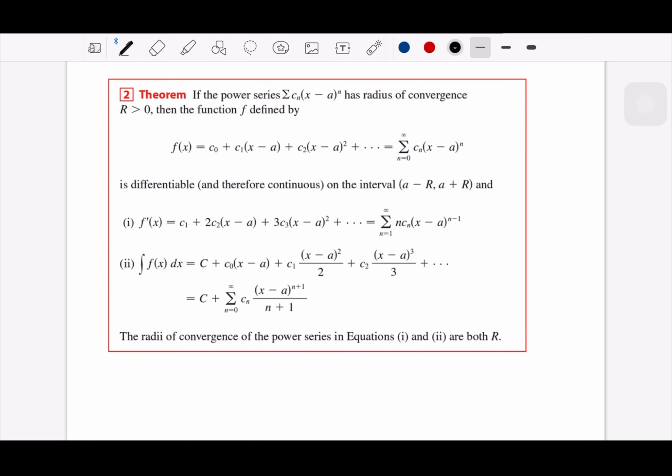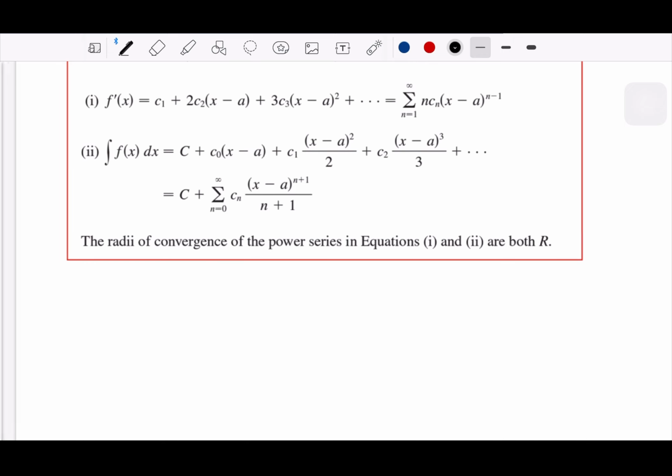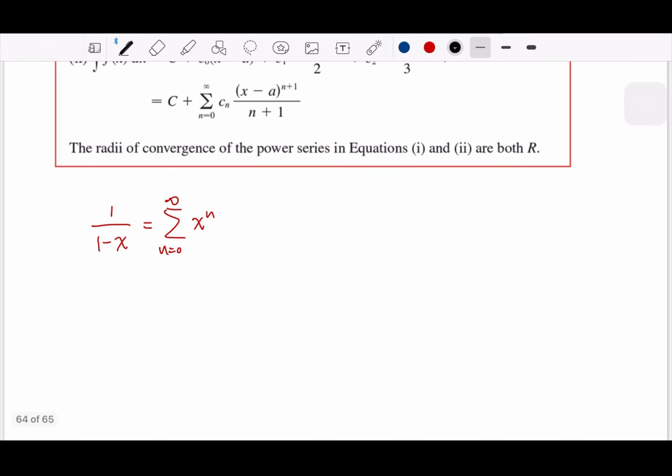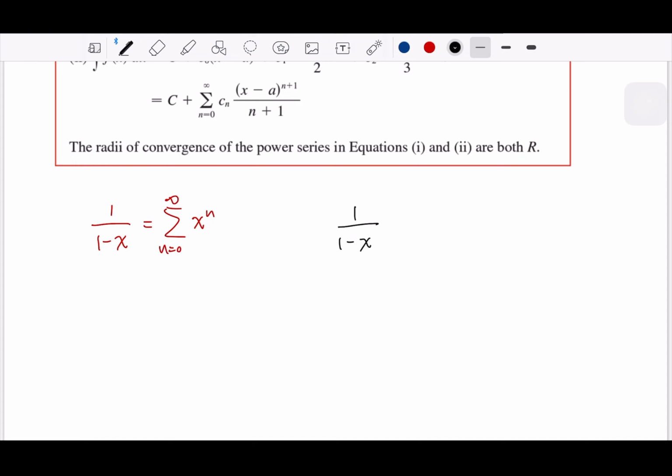All right. Now, from this theorem, let me write that this 1 over 1 minus x will still be the key to solve. For example, we start with 1 over 1 minus x, and then we derive this.